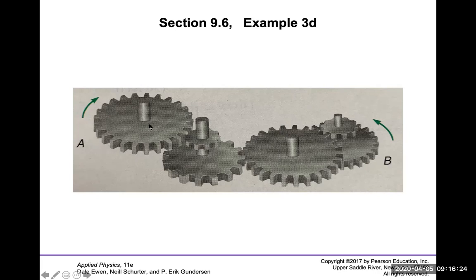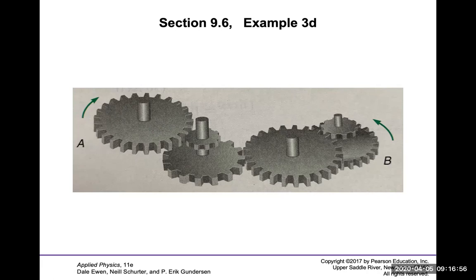So if we are counting gears here, we have 1, 2, 3, 4, 5. The 5th gear is B1, and the first gear is A. B1, we said, is going counterclockwise, but A is clockwise. And the rule we had with the odd-numbered gears going in the same direction is violated.